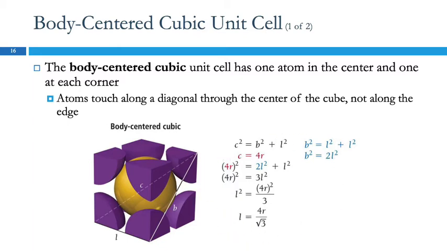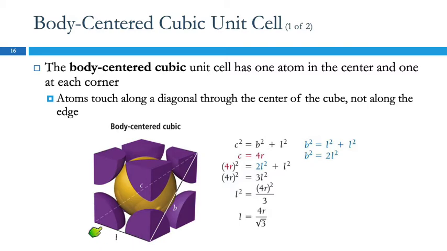Here's the derivation for the edge length in terms of R. You don't need to memorize that. If you need this equation on the exam, it'll be on the information sheet. You would need to be able to recognize this as a body-centered as opposed to a simple cubic cell.